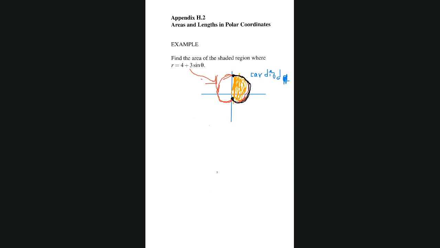So my starting angle is this angle here. Whoops, hold on, let's make that in green. This is my starting angle.